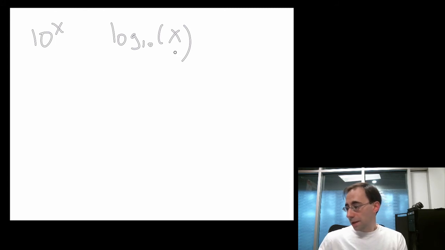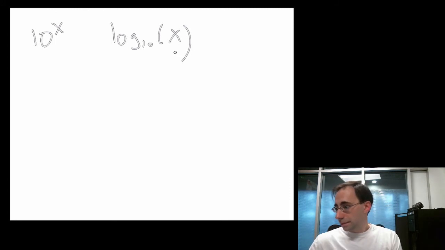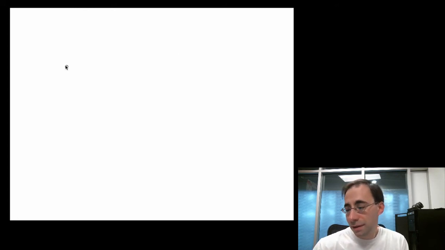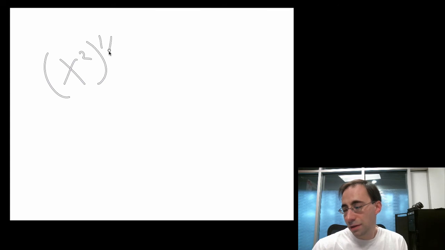Okay, let's see. I think we're almost done with this module, with a couple more things to mention before we exit. One, some of these things are related. We mentioned exponentials and logarithms are related. Well, as you might have guessed already, x squared and square root, when you compose those two, you get x.